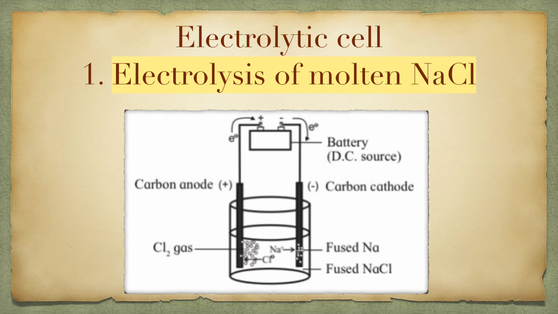The carbon electrode connected to the positive terminal of the battery is the anode, and the one connected to the negative terminal is the cathode. Hopefully you understood till here. So this was the construction of the cell.